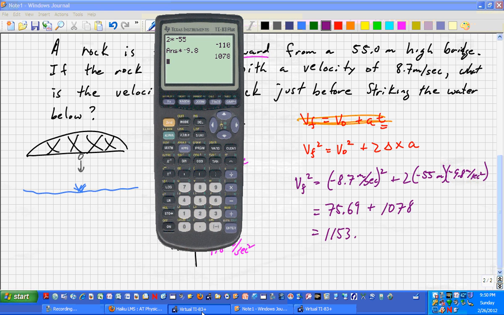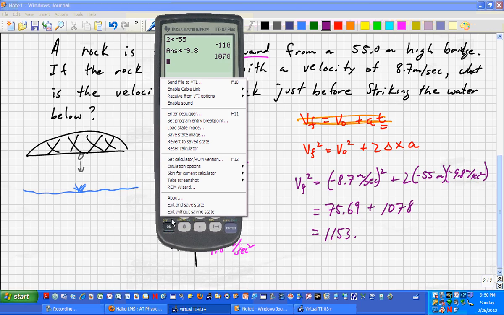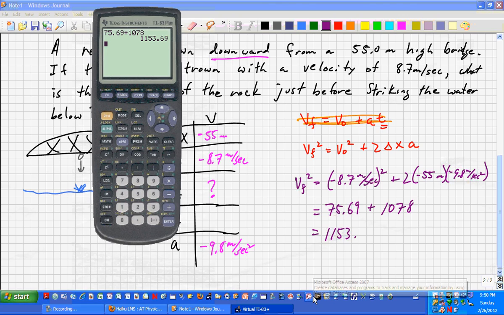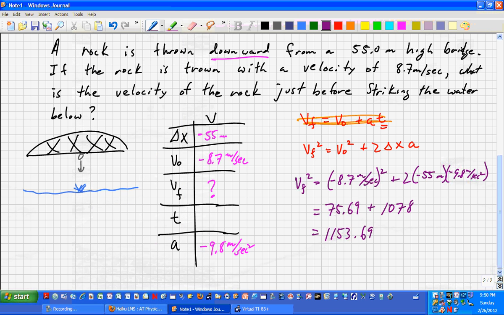Oh, I got 2 of them open. That's why. Okay. Let's close one of them up. There we go. Oh my gosh, losing it. That's 1153.69.